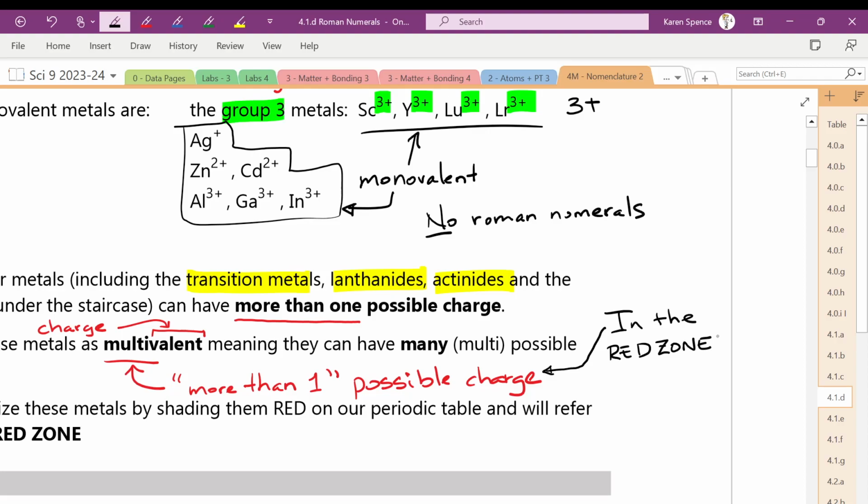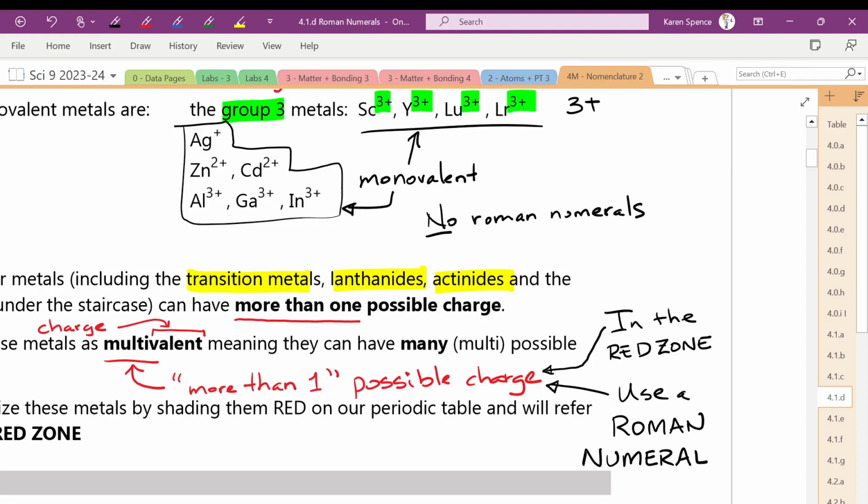And because they can have more than one possible charge, we need to use a Roman numeral to tell us the charge.